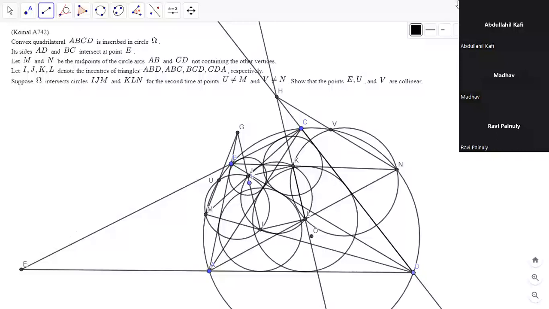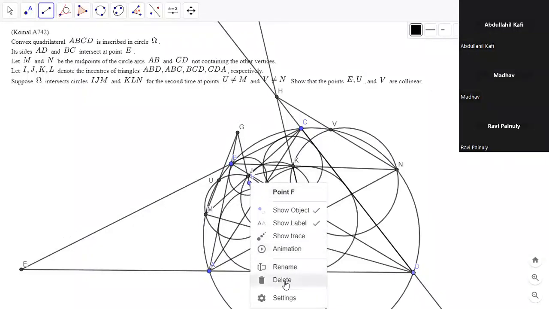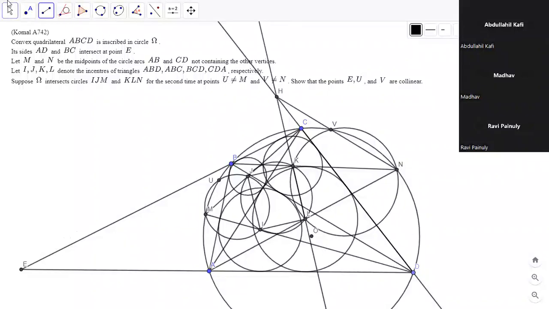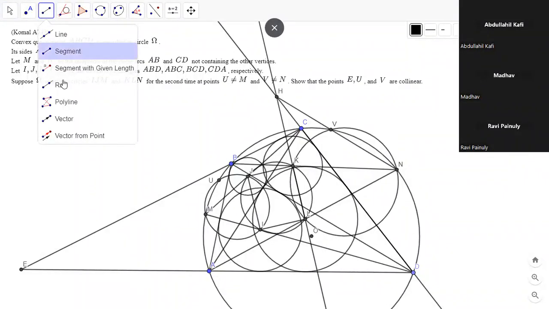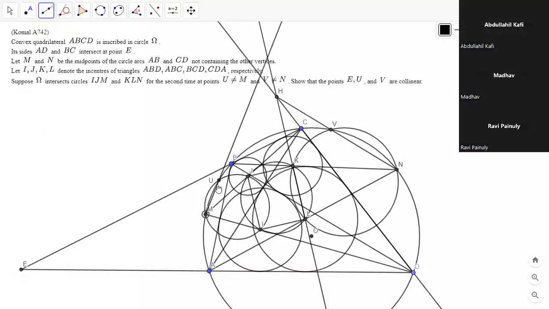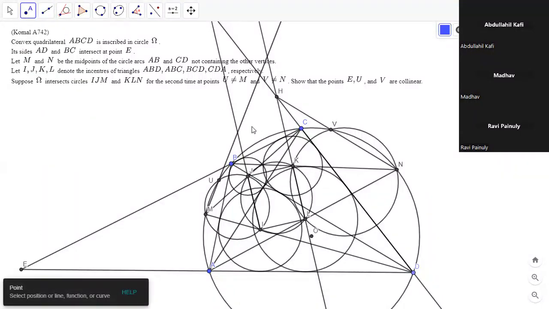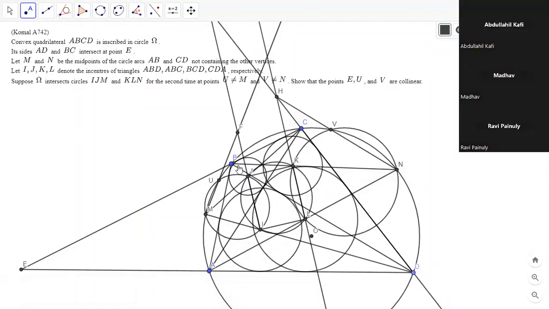What is this point F? Did I accidentally draw another point here? I think I did. Because we have this circle. Sorry, I have to draw. There we go. Oh yeah, I hid that circle, but you have to use that hidden circle.